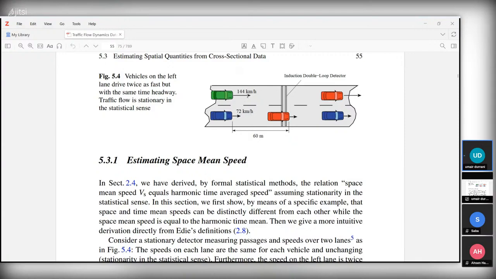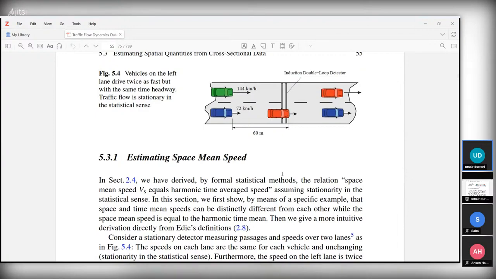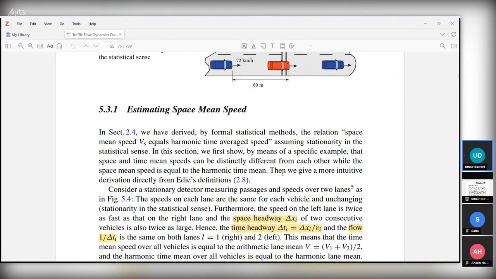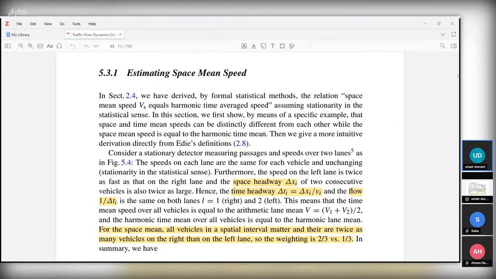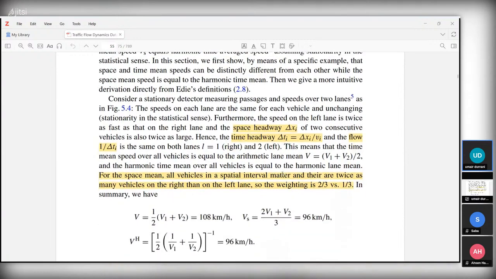All vehicles in the left lane will have the identical speed of 144. The space headway between them is 60 meters in the right lane and twice that in the left lane, which is 120 meters. Given that information, what we want to do is estimate the space mean speed.